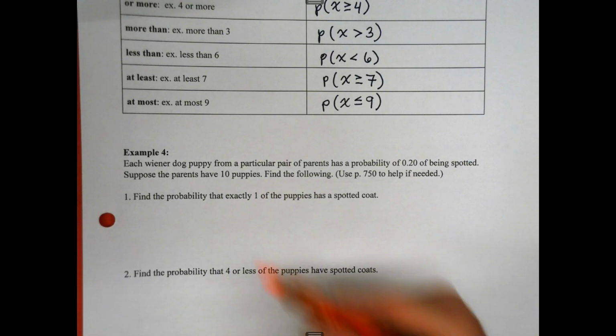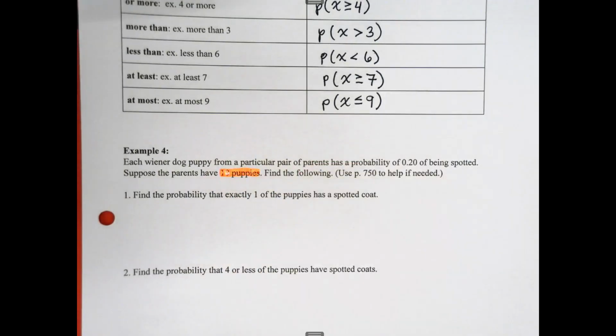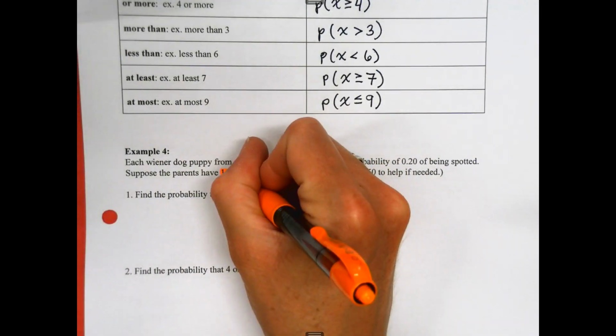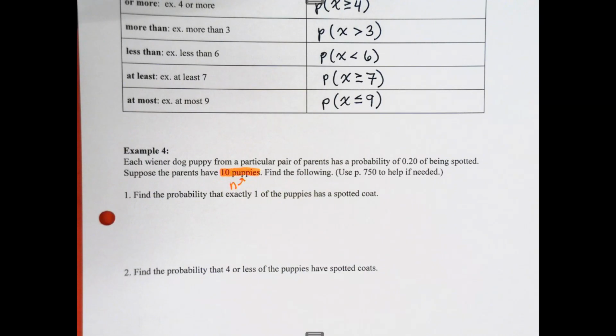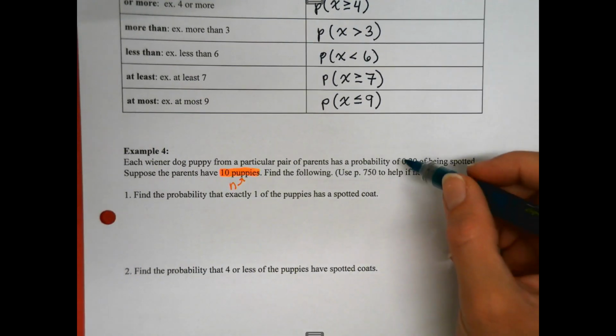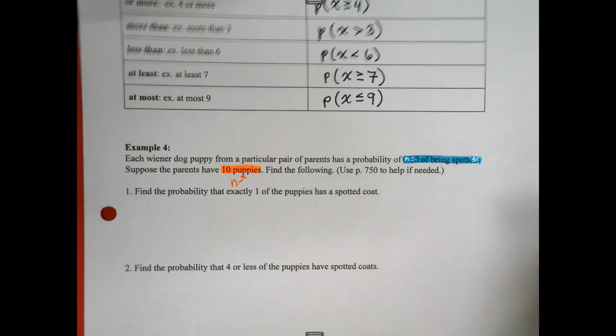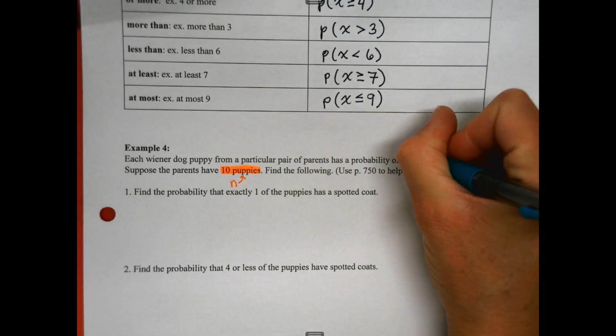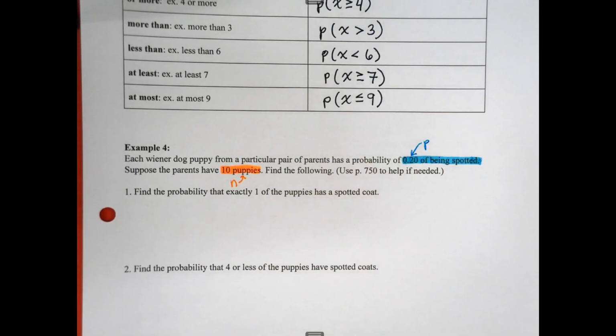Since they said they have 10 puppies, 10 is going to be our n. Our probability of success: what's the probability that they are spotted? Well, it has a 0.2 probability of being spotted. So our probability of success, or our p, is 0.2. We can find our q by subtracting from 1. So our q is going to be 0.8.